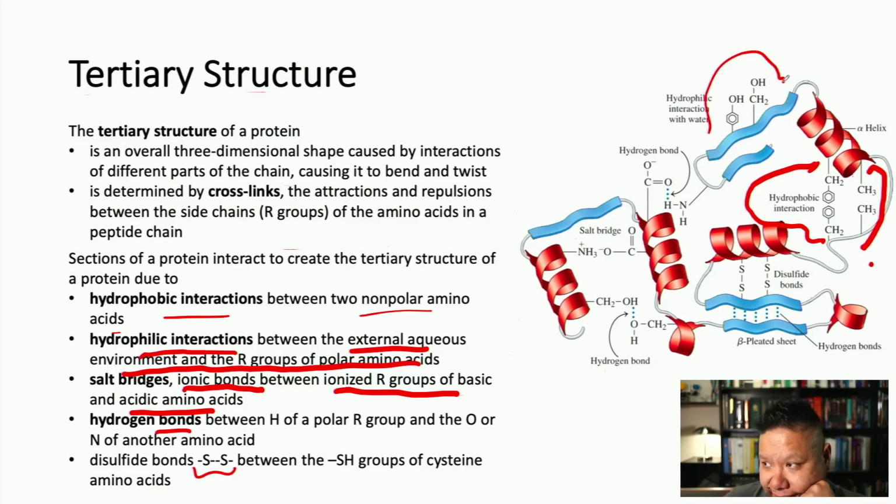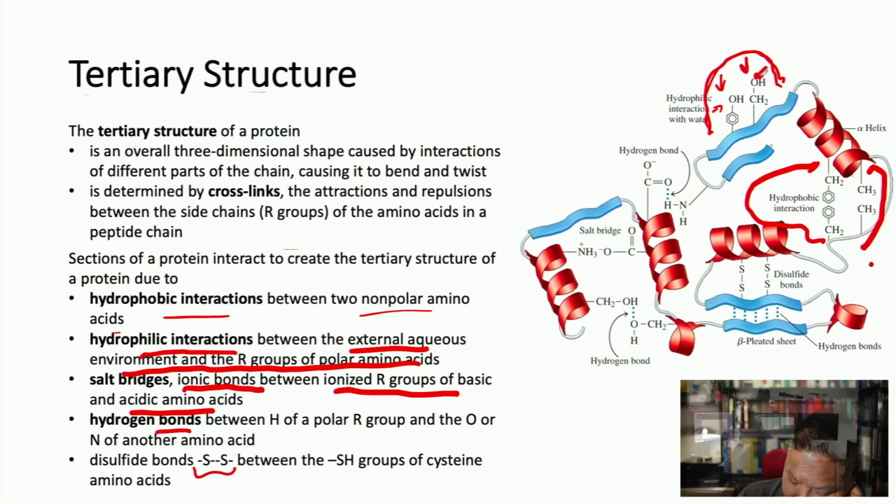So as far as hydrophilic interactions go, we have here the tyrosine and serine, right? Oh, I'm sorry, I said hydrophobic, I meant hydrophilic. And they both have OH groups, right?